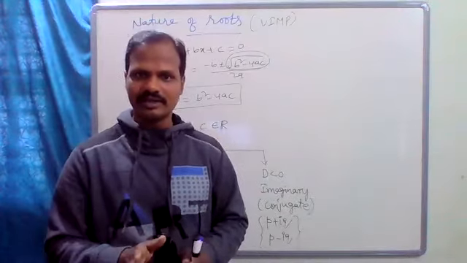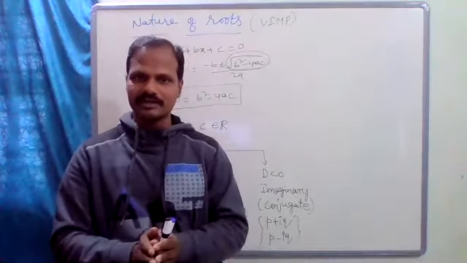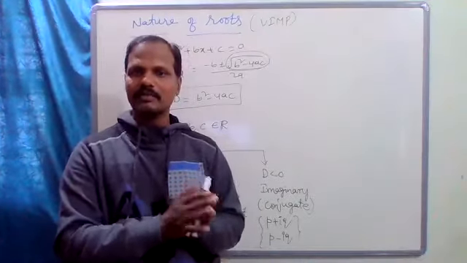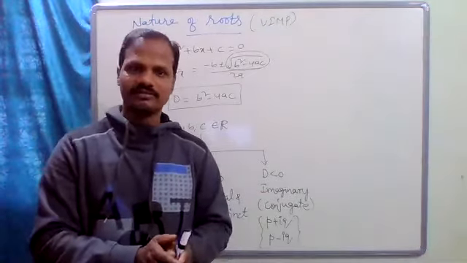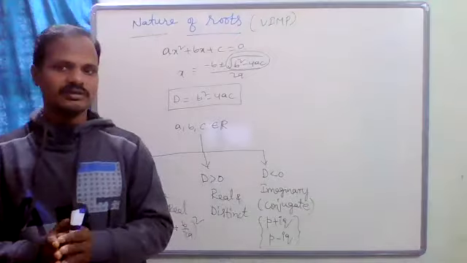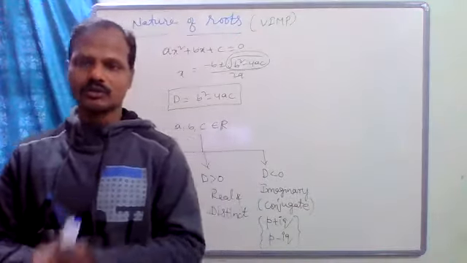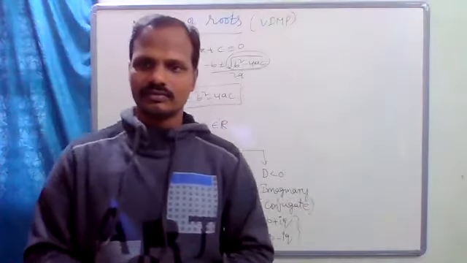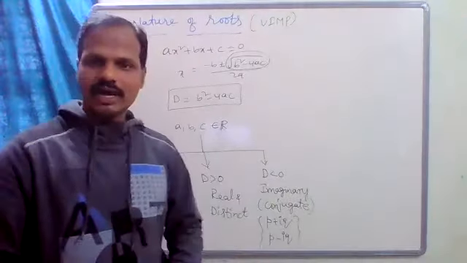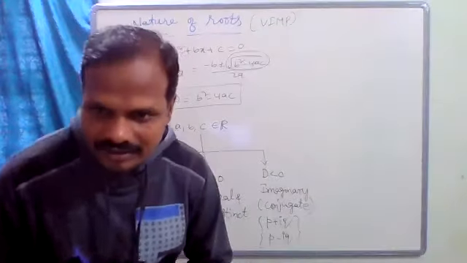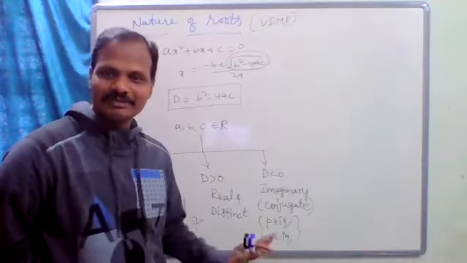Complex roots always exist in conjugate pairs. So if one root is p plus iq, then the other root is p minus iq.